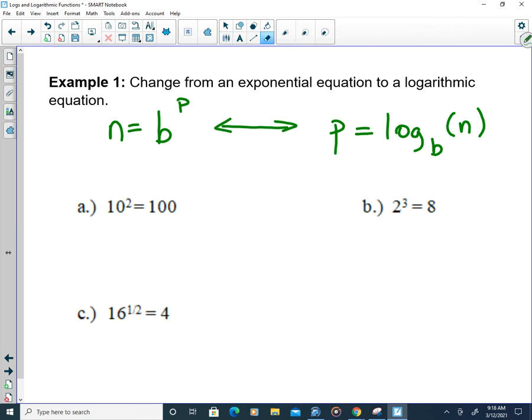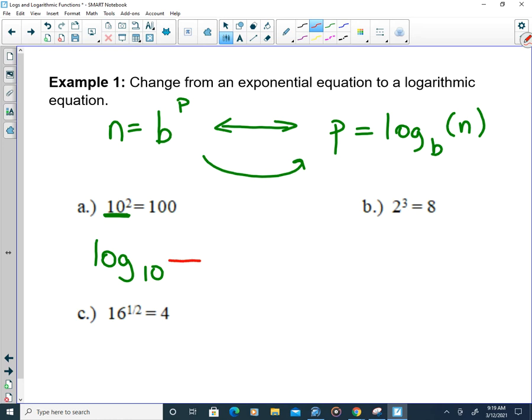We want to rewrite it as a logarithm equation. All right, so the base of your exponential equation is going to be the base of your logarithm. So we're going to write this as log base 10. Okay? Now we just have to fill in this blank and this blank over here.